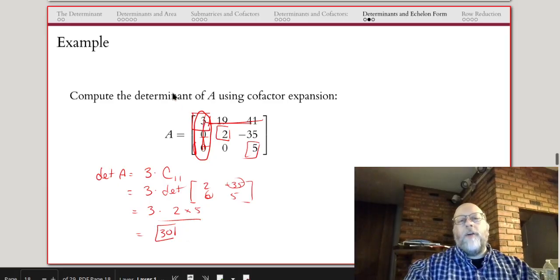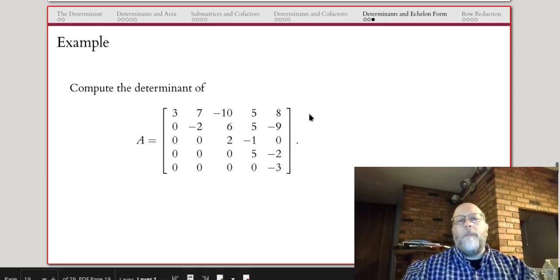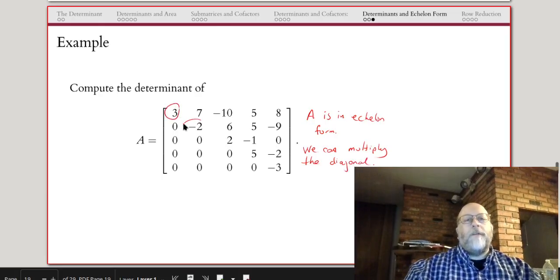That's a nice pattern, that the answer just turned out to be the product if we had just multiplied down the diagonal. And that works in general. If the matrix A is in echelon form, we can multiply the diagonal and that'll give us the correct answer.